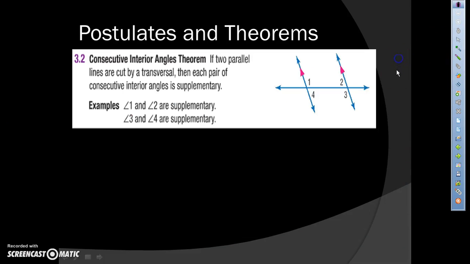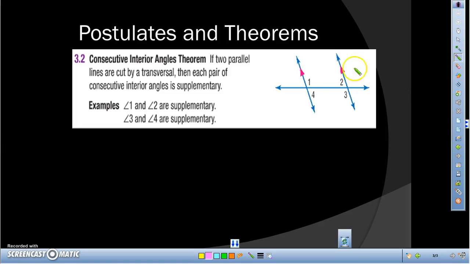Very similarly, we had the consecutive interior angles theorem that said, if I have two parallel lines, then two interior angles on the same side were supplementary, meaning they add to 180 degrees. So 1 and 2 would add to 180, 3 and 4 would add to 180.